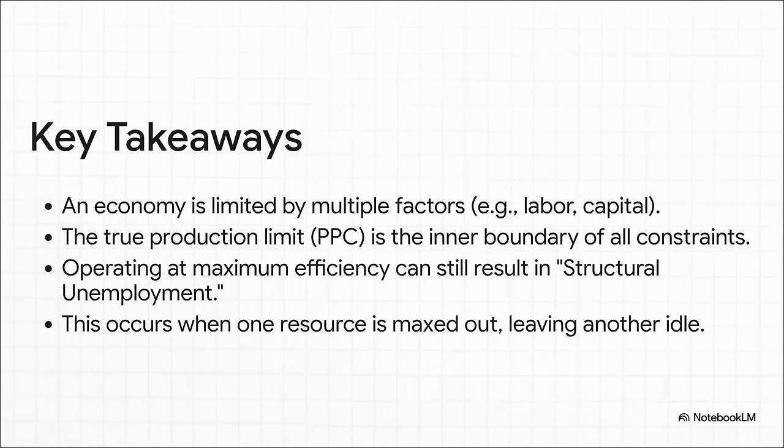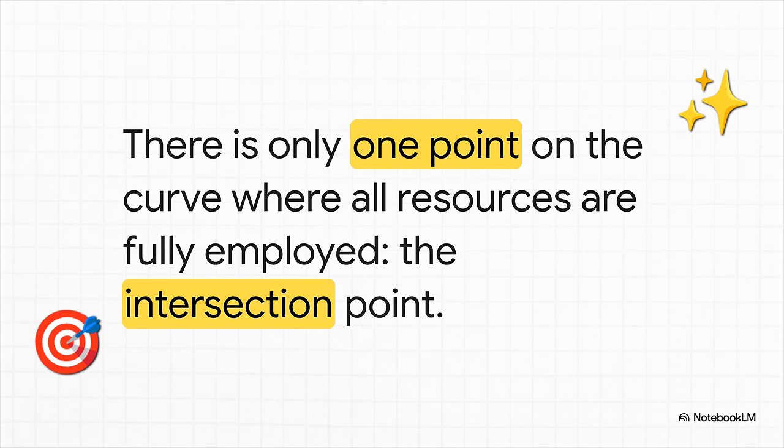So let's just do a quick recap of what we've discovered here. An economy's true potential is always defined by the inner limit of all its resource constraints. And, pretty surprisingly, pushing that limit to the max in one direction can actually create structural unemployment, where one resource is forced to sit idle simply because its complementary factor is totally tapped out. There is, however, one magic spot on this curve.